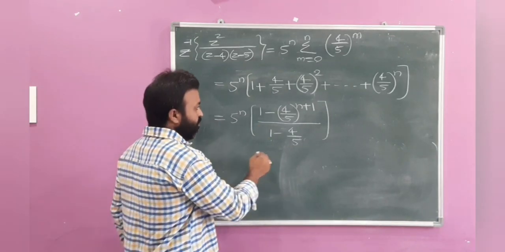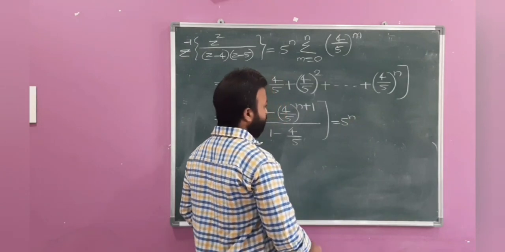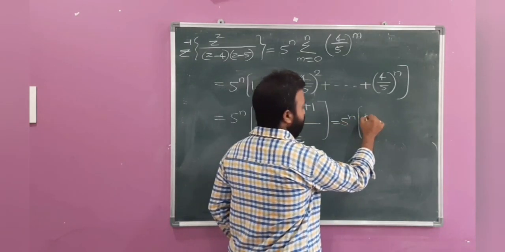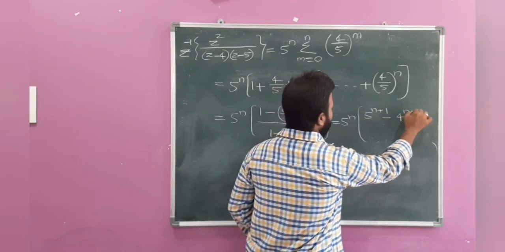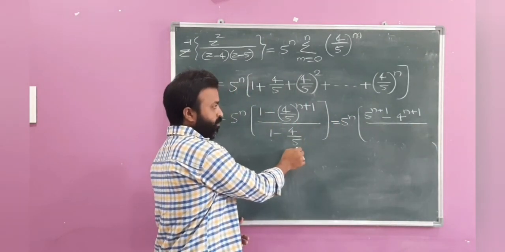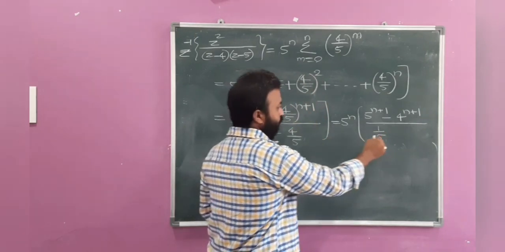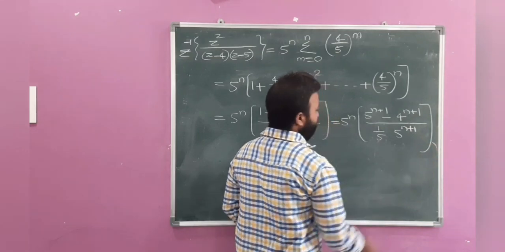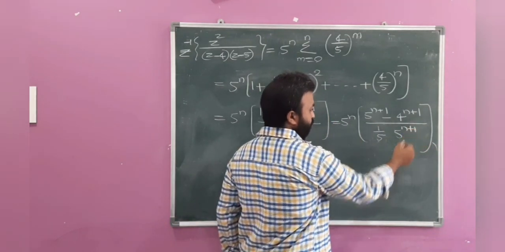Okay, and now on simplifying this we get 5 power n into, by taking LCM here, (5 power n plus 1 minus 4 power n plus 1) by 5 power n plus 1, over 1 minus 4 by 5, that is 1 by 5. And here the denominator 5 power n plus 1 can be written here, so we get 1 by 5 into 5 power n plus 1, that is 5 power n.